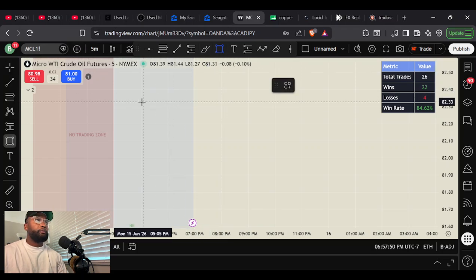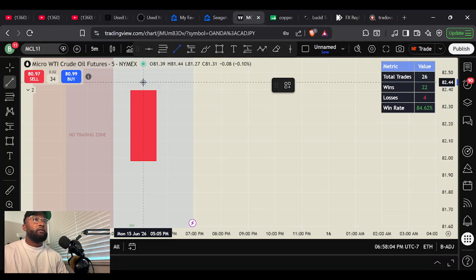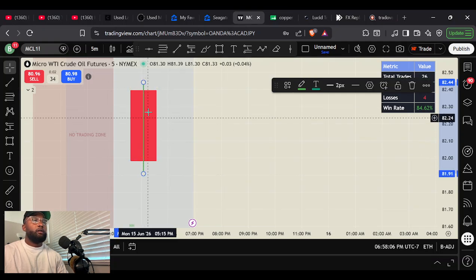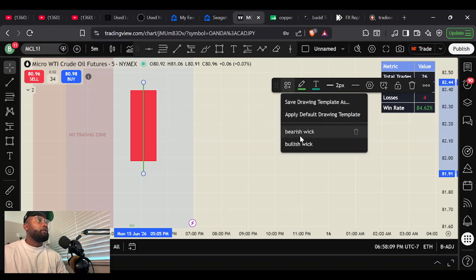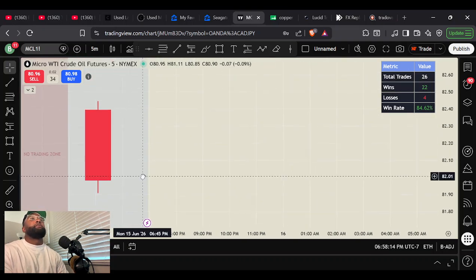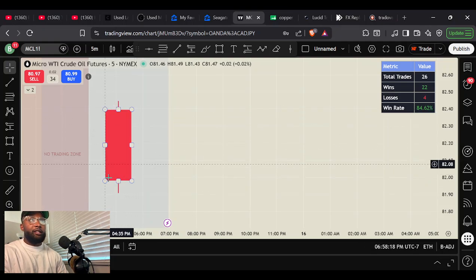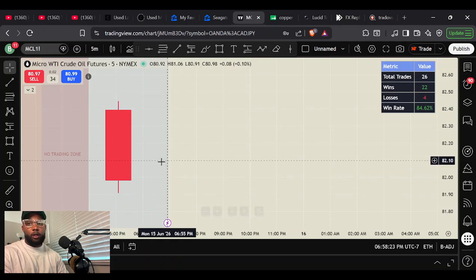So this is going to be an example of a bearish candle. Okay, let me fix this real quick. Okay, bearish. So you can see we have the body of the candle, which is the big rectangle, and then the lines on the top and bottom, those are the wicks.